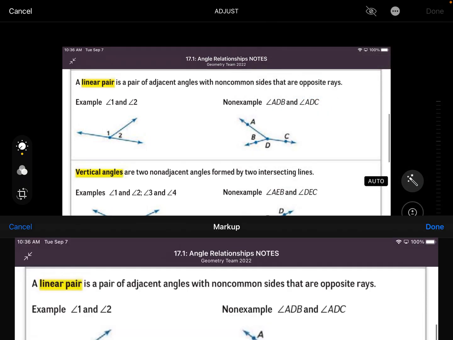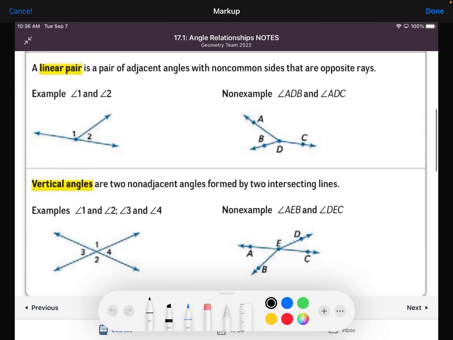The next angle relationship we're going to discuss is a linear pair. A linear pair is a pair of adjacent angles with non-common sides that are opposite rays. So it's a pair of adjacent angles, so it has to adhere to the same definition we just talked about. And it's a linear pair when the non-common sides, so these would be our non-common sides, are opposite rays.